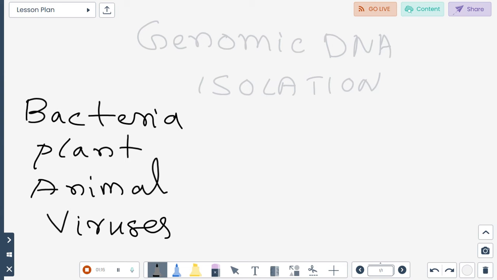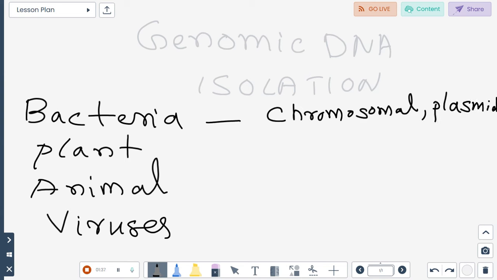When you look at genomic DNA, bacteria will have two types of DNA, that is chromosomal DNA, then plasmid, that is extra chromosomal DNA. So bacteria will have chromosomal DNA and an extra chromosomal DNA that is called plasmid.